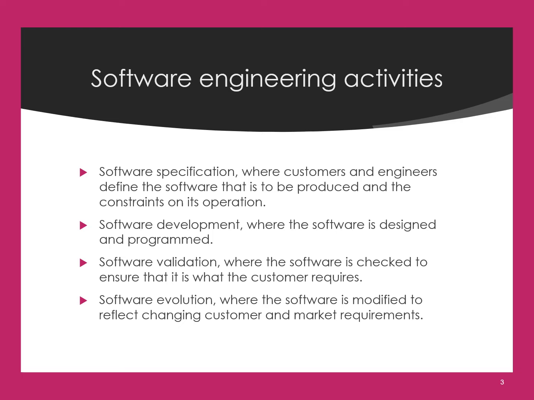The second activity is related to the development part itself, where based on what the software engineer understands from the customer in the previous activity, they will try to develop it and do coding along the way. After that, when the system is either partially ready or fully ready, the software engineer has to do software validation.